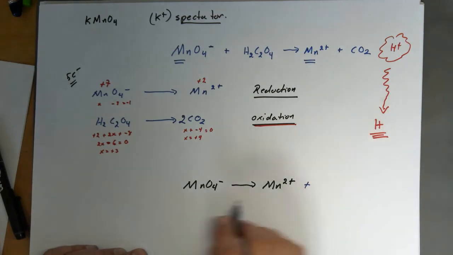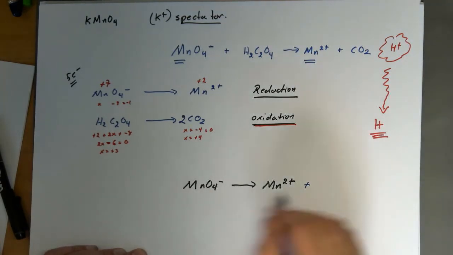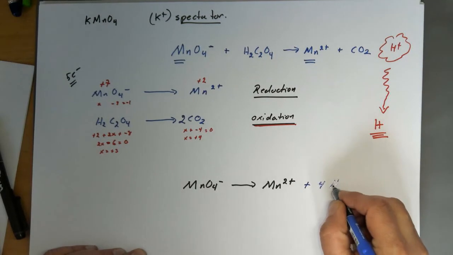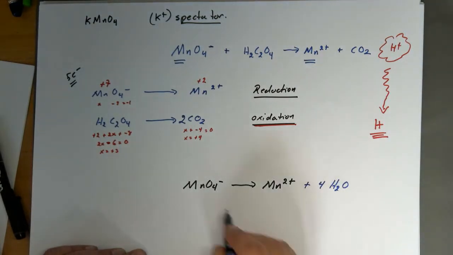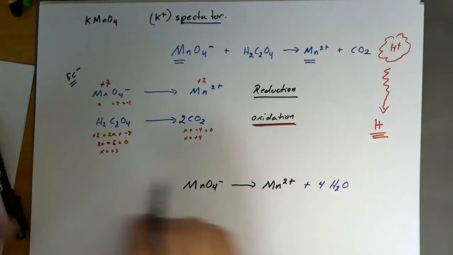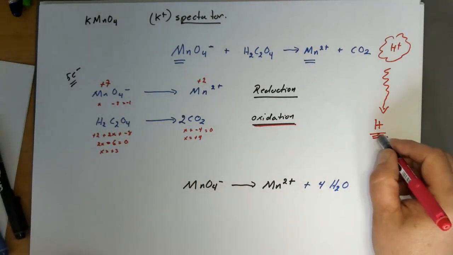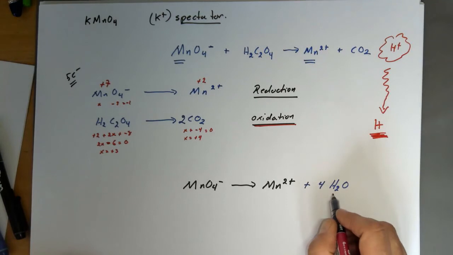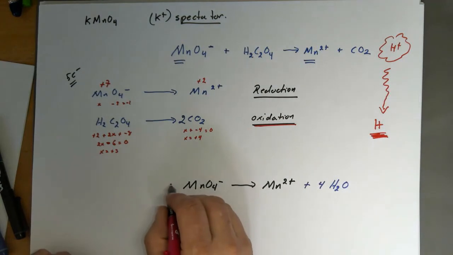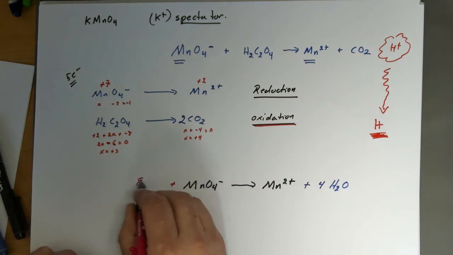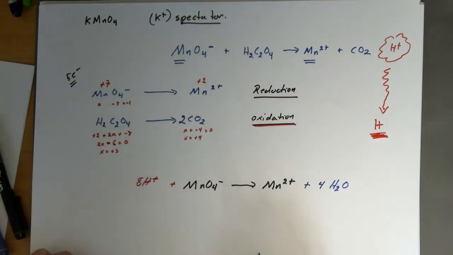So in this case, we have how many oxygens? We have 4, so we need 4 H2O. Now the oxygens are balanced, but we now have the problem with the hydrogen again. We have 4 waters, so we have a total of 8 hydrogens. This means that we have to place 8 H plus on the other side.